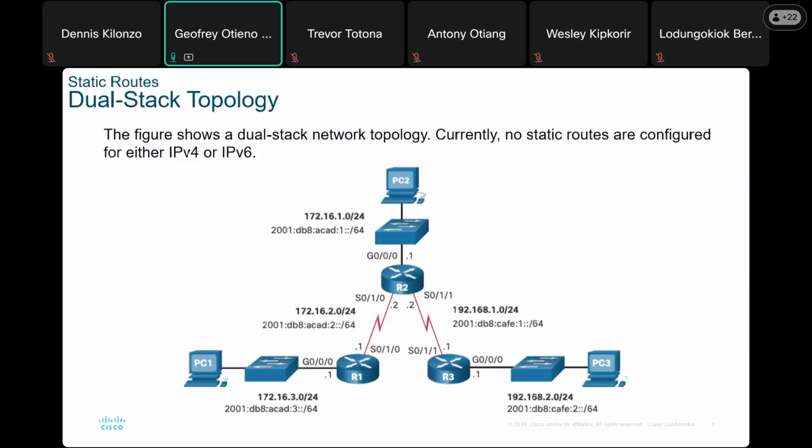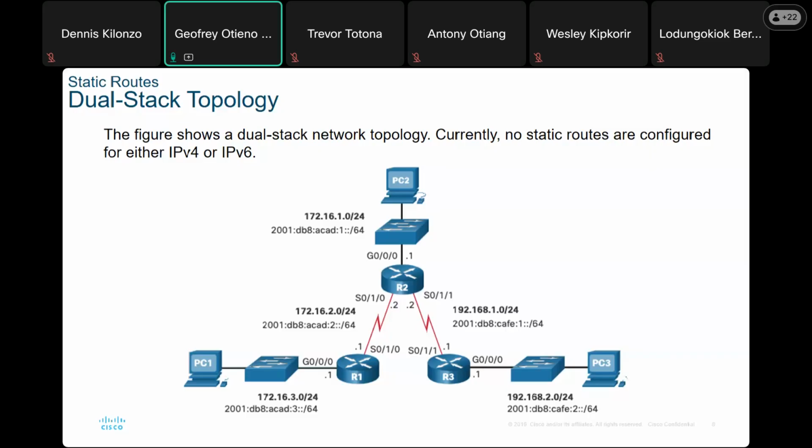So look at this topology of yours. It's what I'm calling a dual stack, meaning both IPv4 and IPv6 have been configured. So currently, no static routes are configured for either IPv4 or IPv6. It's just the way it is. So what's the point here? Do you know when these routers are booting up, each of those routers has networks that it will be able to detect automatically?